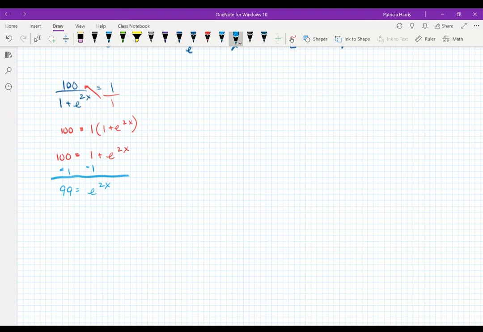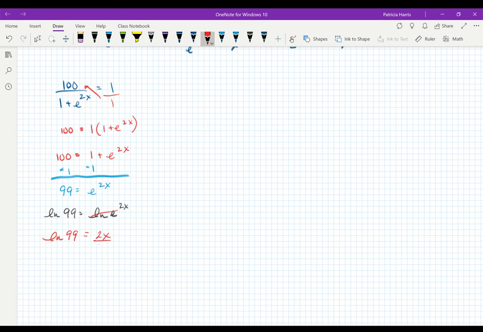All right, so now remember, natural log and e are inverses, so I'm going to use that logarithm to help me out. Okay, natural log of 99 is just a number, nothing to be afraid of. ln and e will cancel each other out, and you're left with 2 times x, natural log of 99.